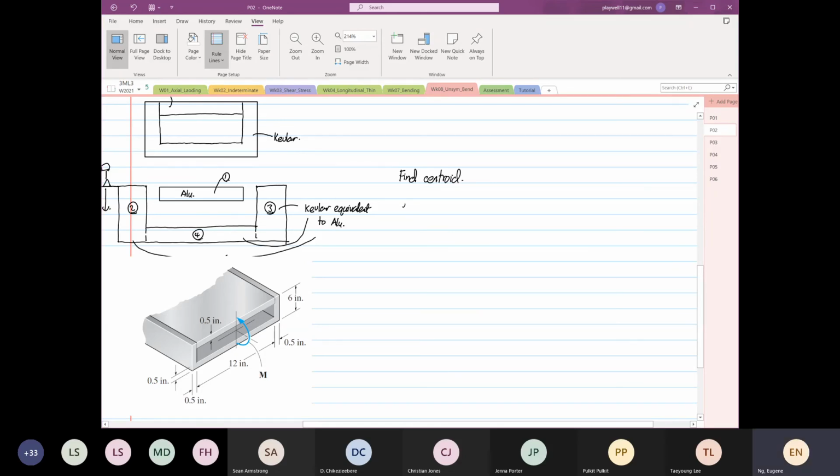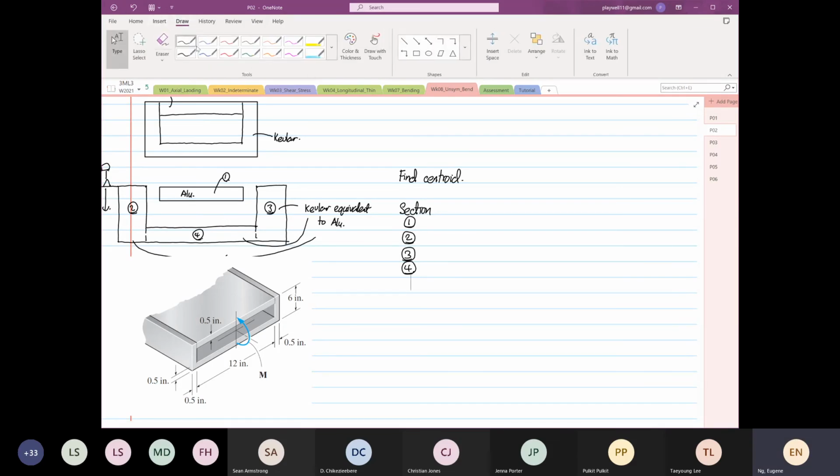So again, section. Sorry, not nothing changed; I'll tell you what changed. Sections 2, 3, and 4. Then we're going to have materials.